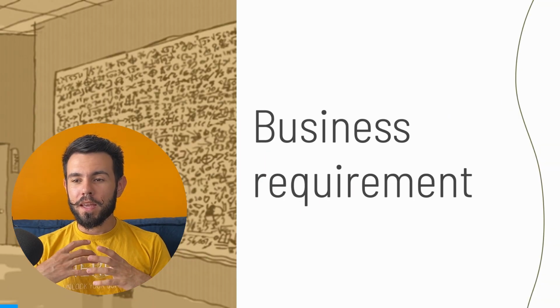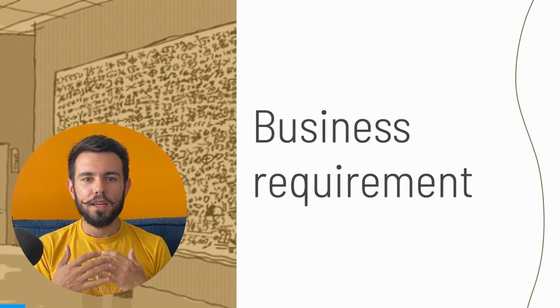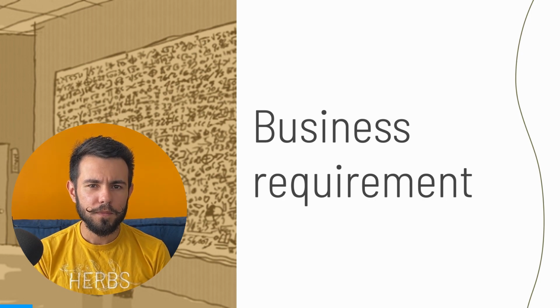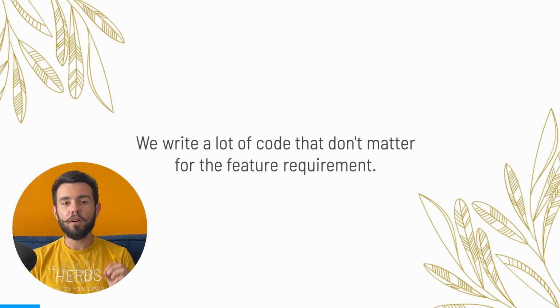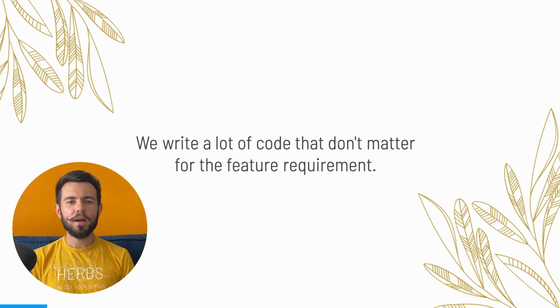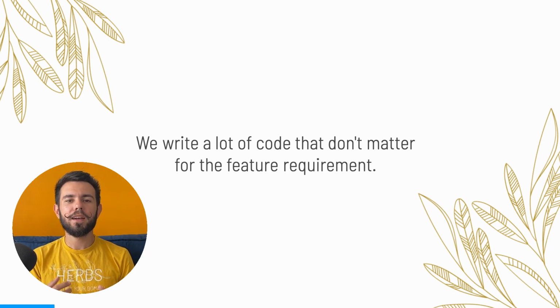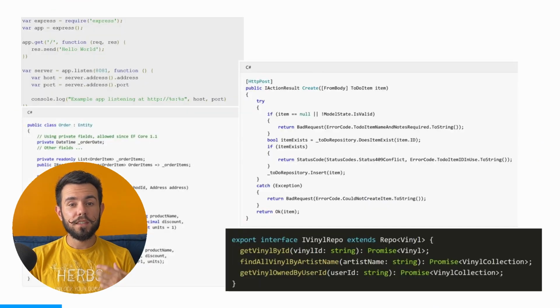So, in corporate applications, the most important part is the business requirement. If you don't attend the business requirement, your software will do nothing. But before attending the business requirement, we need to write so much code, and all this code doesn't contribute to our business requirement.